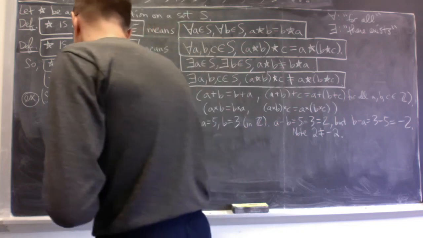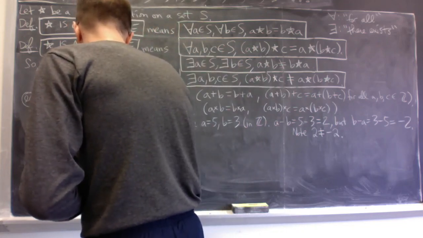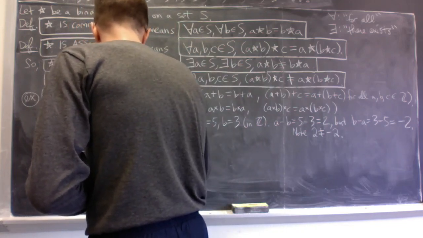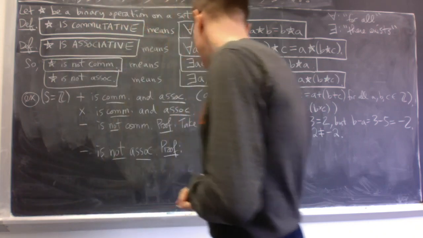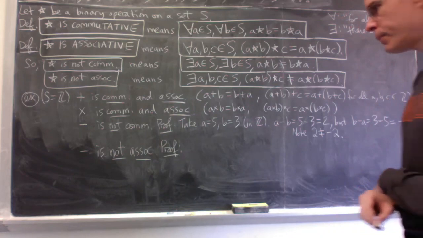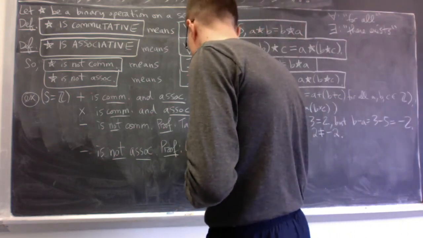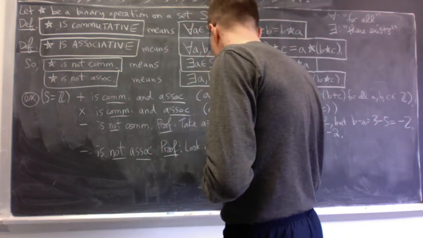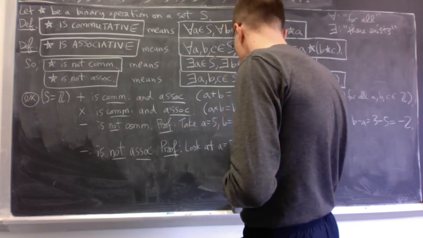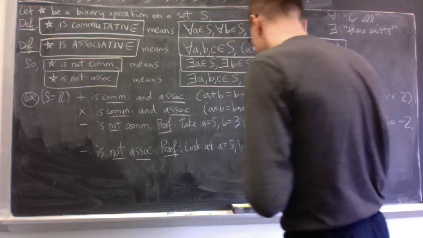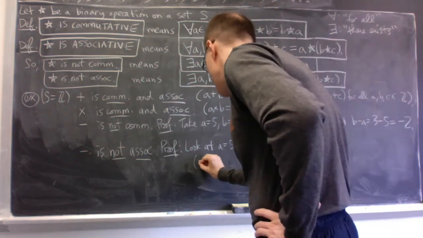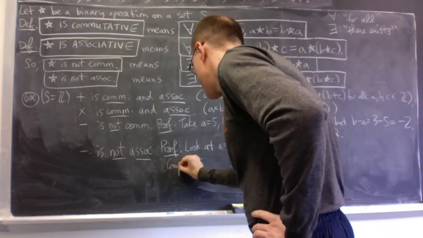And similarly, subtraction is not associative. And again, we can just give an example. Virtually anything you try will work. I'll just randomly pick 5 and 3 and 1, maybe. And we'll calculate it.